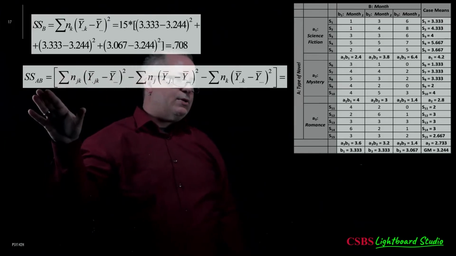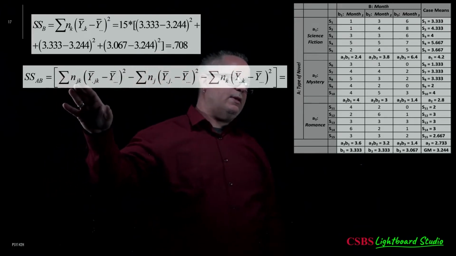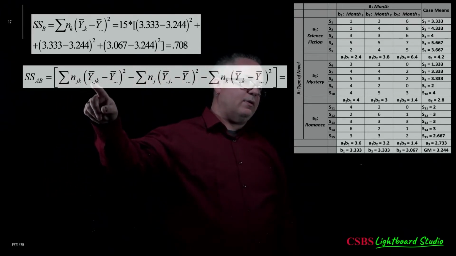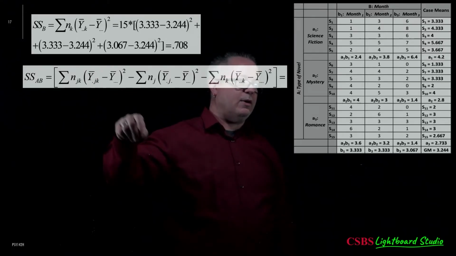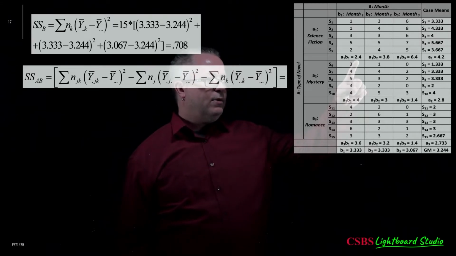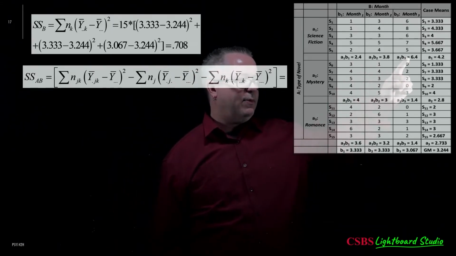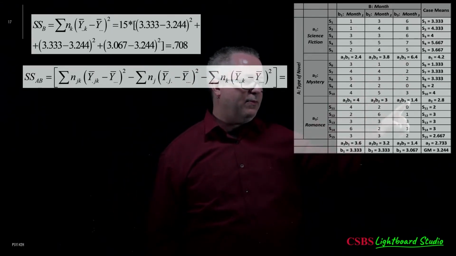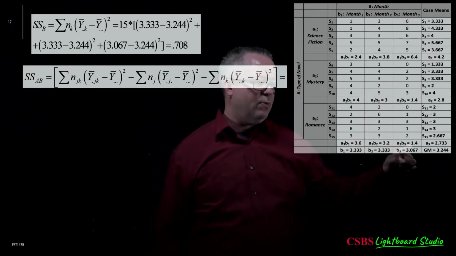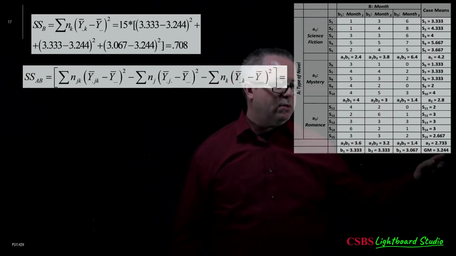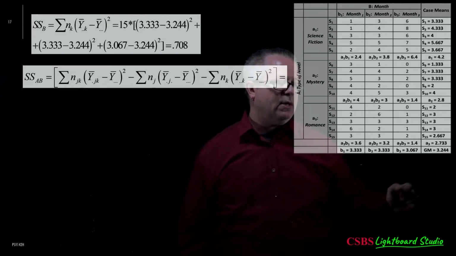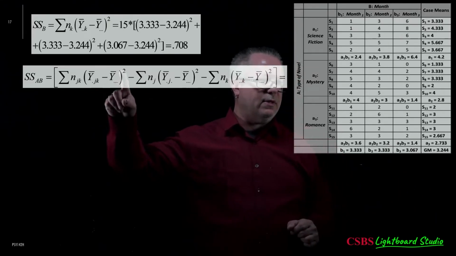To get the interaction, we're going to look at everything that's inside. This is now going to get messy. It's going to be every single cell around the grand mean. So we've got 2.4, 3.8, 6.4, 4, 3, 1.4, 3.6, 3.2, 1.4, all subtracting out the grand mean and squaring it. That's going to be everything that's here.